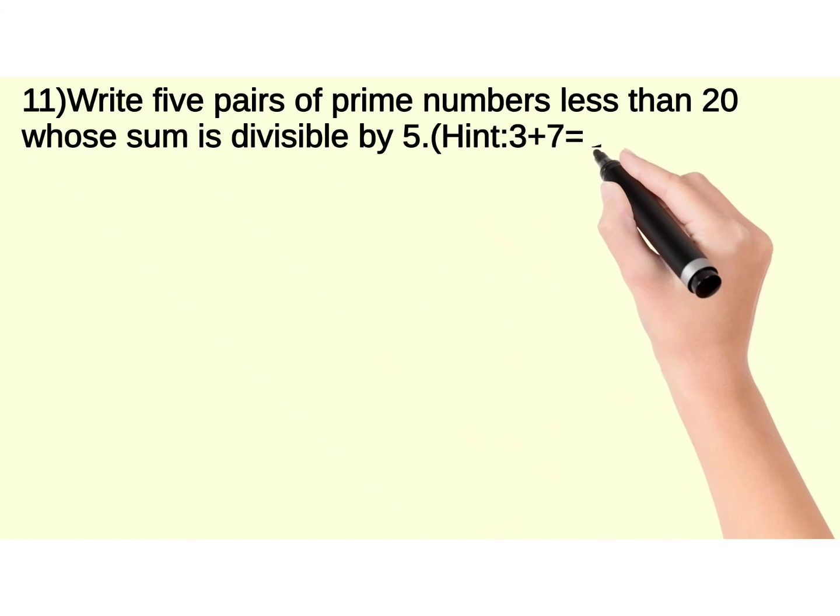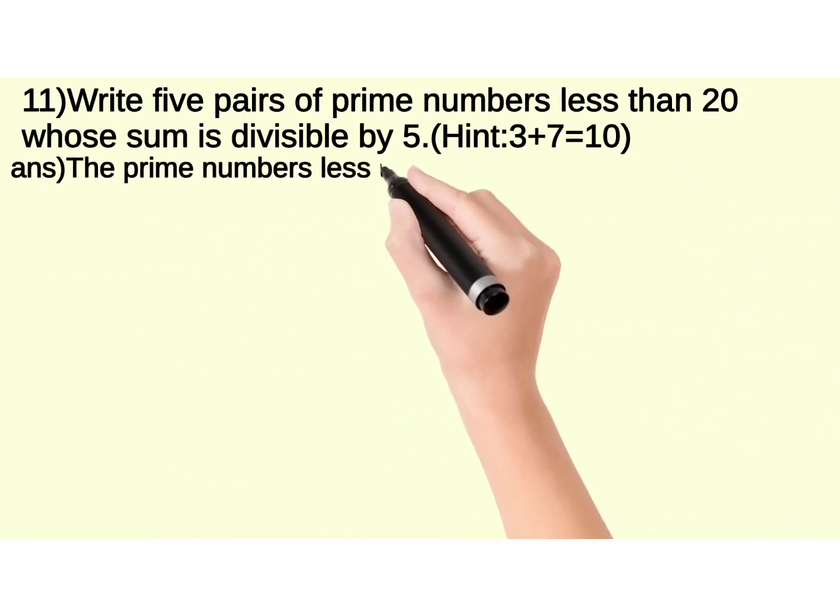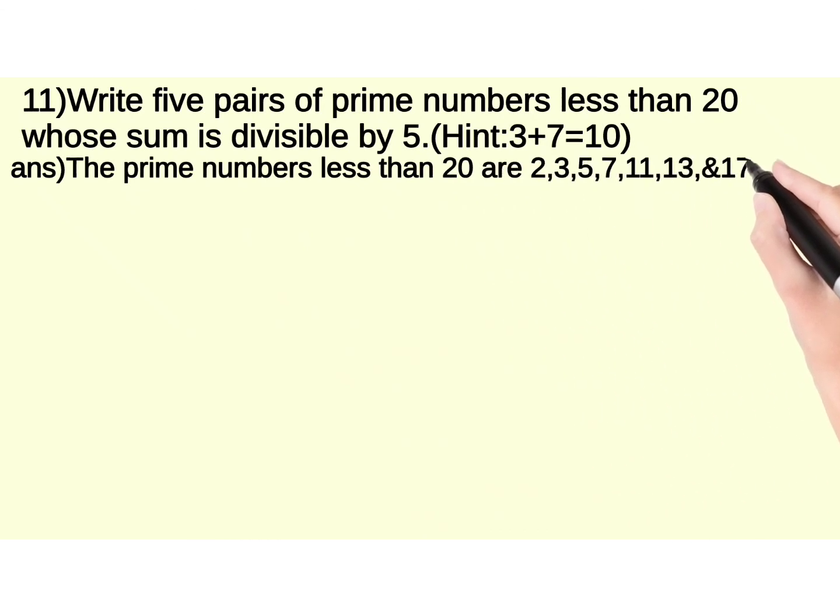Question number 11. Write 5 pairs of prime numbers less than 20 whose sum is divisible by 5. Children, we have to write here 5 pairs of prime numbers less than 20 whose sum is divisible by 5. Okay dears, the prime numbers less than 20 are 2, 3, 5, 7, 11, 13 and 17.